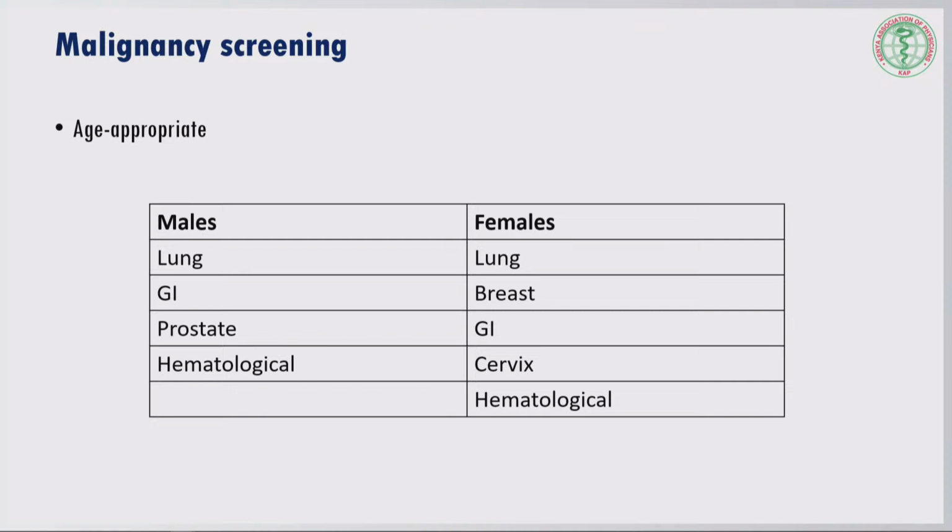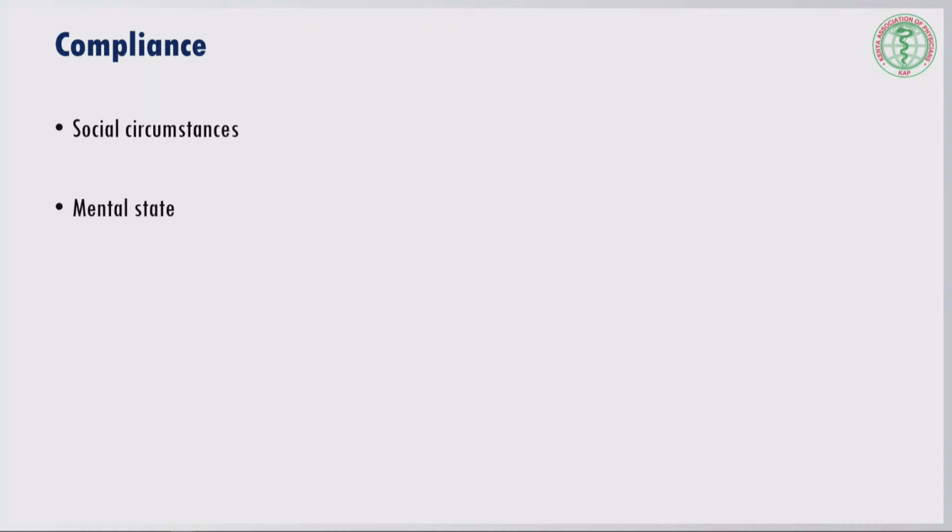For prostate, of course, the scans and the PSA. For the hematological malignancies, we really worry about multiple myeloma, so we normally screen them for multiple myeloma. For the females, there is the addition of breast workup, either a mammogram or an ultrasound, and then the pap smear for those who have not undergone hysterectomy.